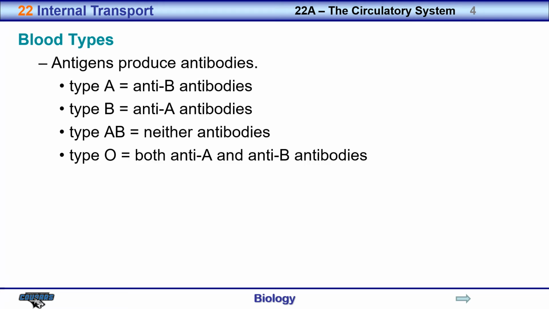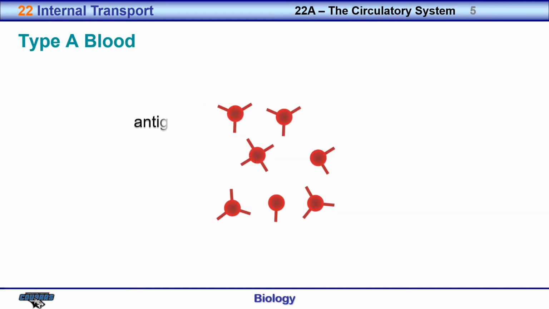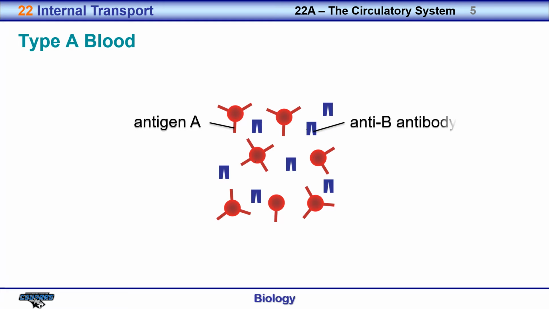So O, no A antigen, no B antigen, so both are foreign, and so you will produce both anti-A and anti-B antibodies. So blood type A, you have the A antigen, and that stimulates your body to produce the B antibodies.